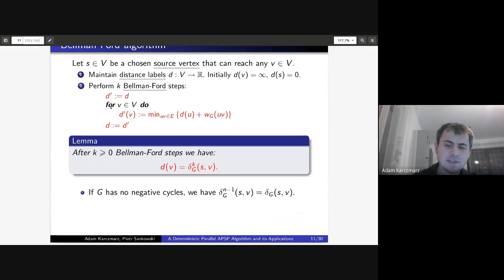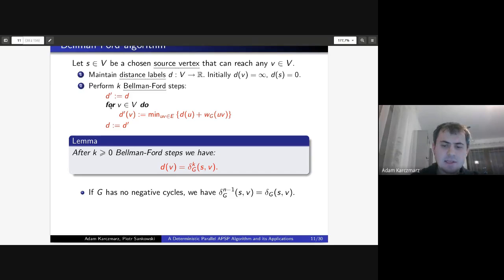But for simplicity, we will use a variant of Bellman-Ford that converges to the answer slightly slower. In a single phase, instead of relaxing all edges one by one, it just computes for each vertex v the minimum, over all incoming edges of v, of the corresponding label plus the edge weight.